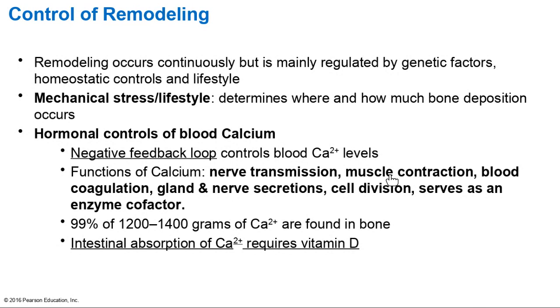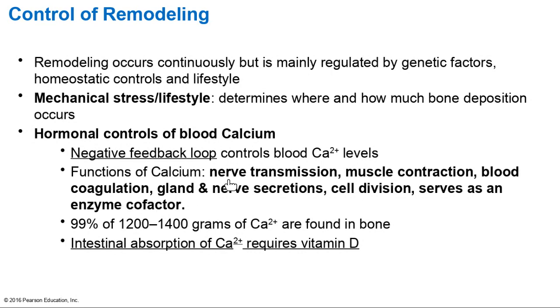I already mentioned nerve transmission, muscle contraction, and blood clotting. As far as gland and nerve secretions, we're talking about exocytosis. We also need calcium for cell division. Calcium also serves as an enzyme cofactor. Some enzymes will not function unless calcium is in the area.